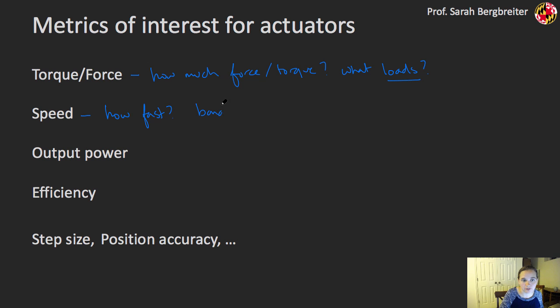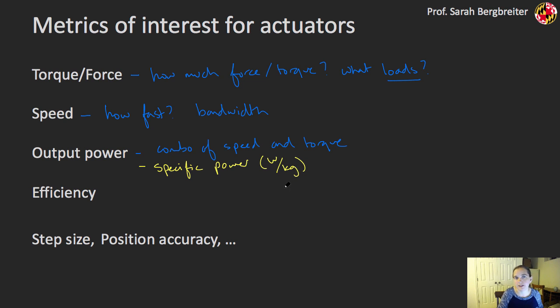I can also think of this effectively as bandwidth. Output power is obviously a combination of the speed and torque outputs. And another common metric might be specific power, where I'm looking at output power per mass of the actuator.